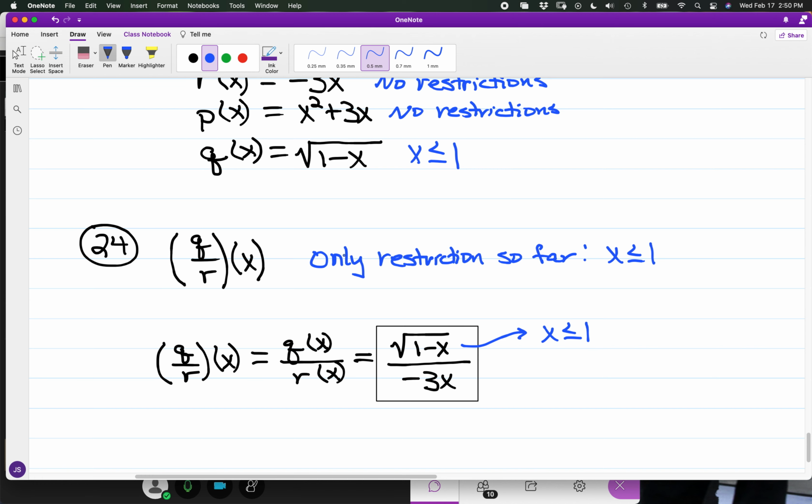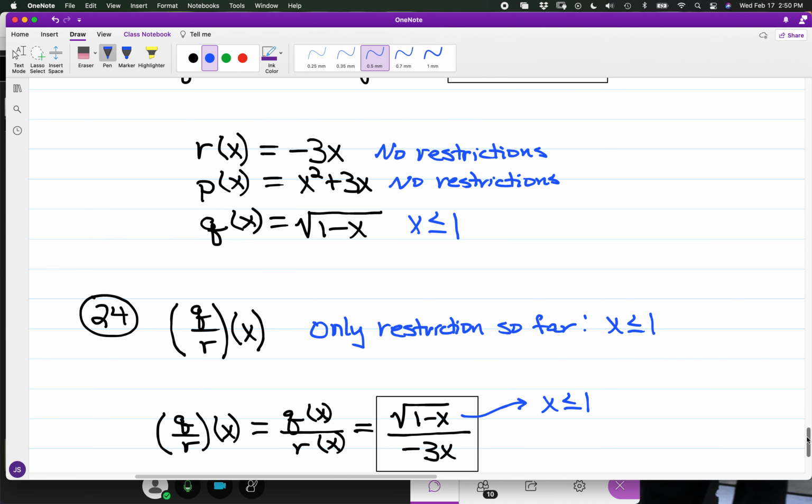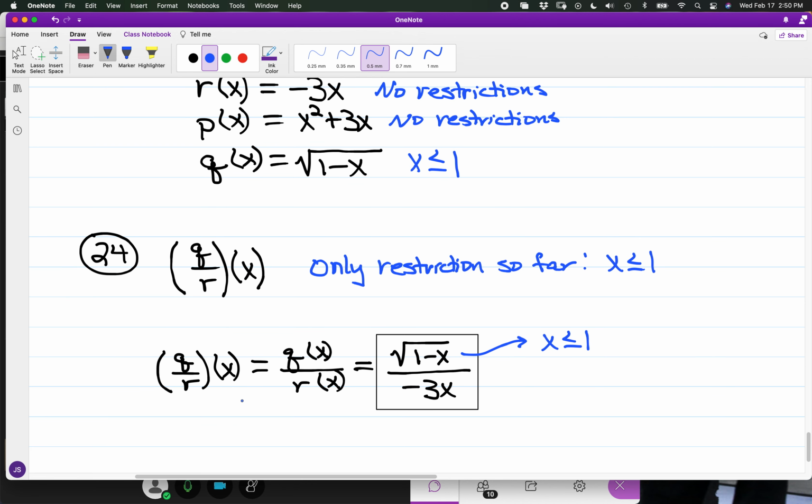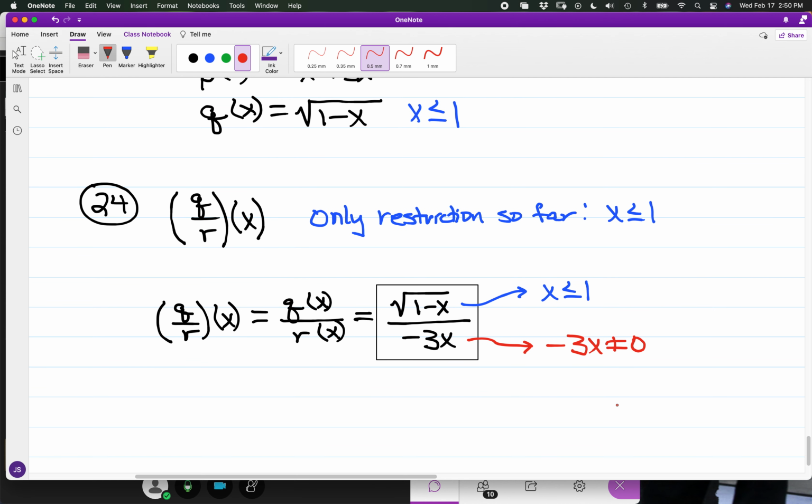Now, r of x alone has no restrictions, but when you're dividing by r of x, a separate restriction is created. Because r of x is situated at the bottom, we cannot have the bottom part of a fraction be 0. So x cannot be 0.